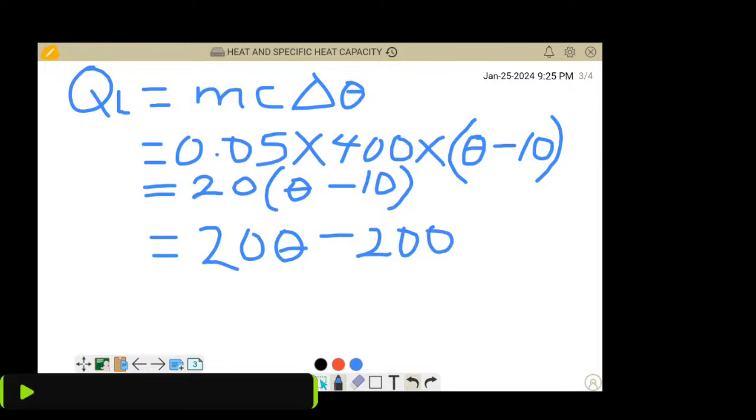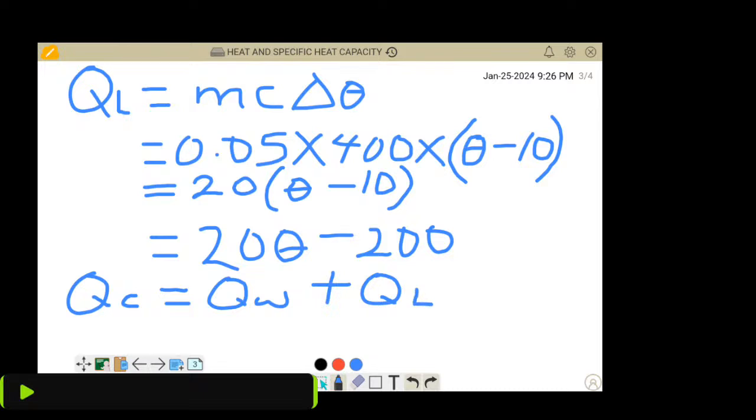And remember initially we said heat lost by copper, which is QC, equal to heat gain by water plus heat gain by calorimeter.